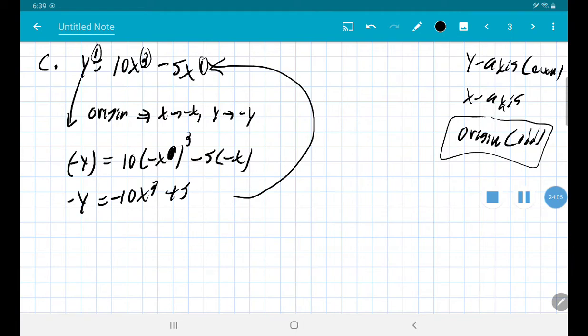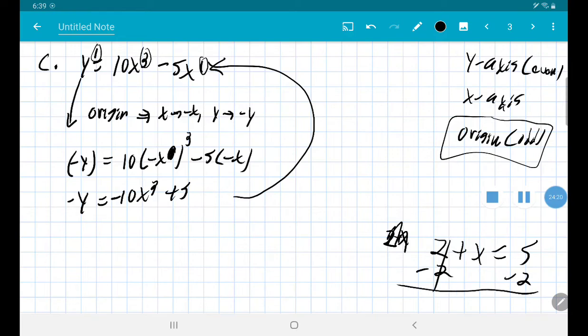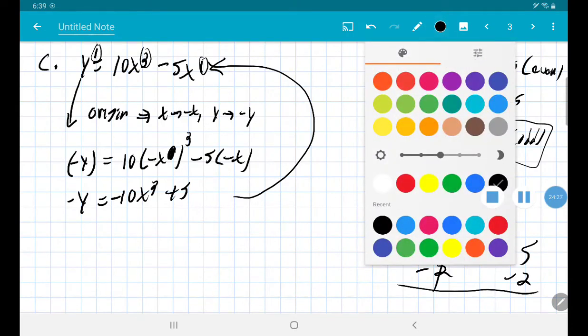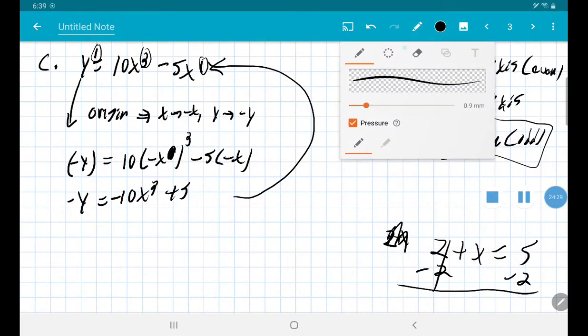It actually is. You know how if you're doing an equation like 2 plus x equals 5, you can subtract 2 from both sides. In other words, it's legal to do something to one side of an equation so long as you do the exact same thing to the other side.